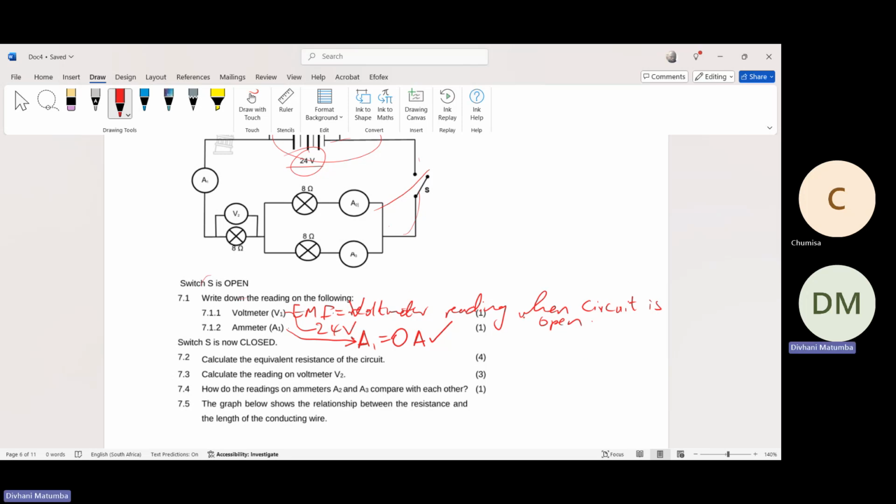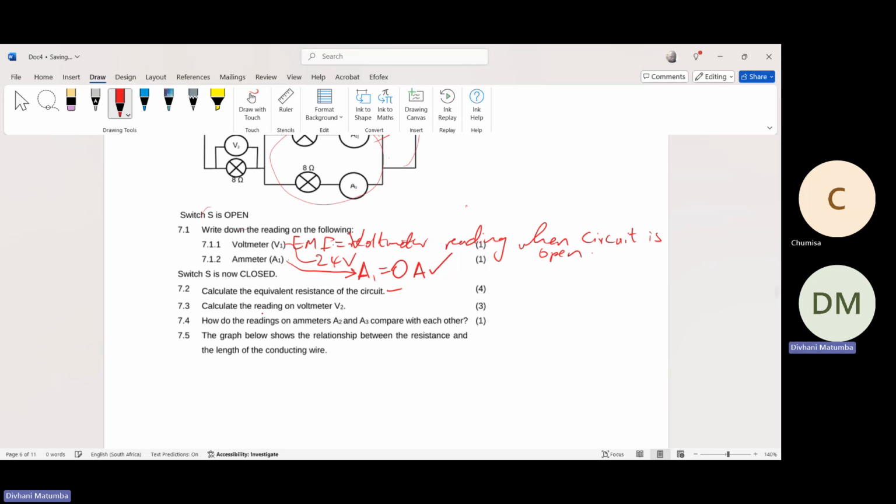What will be the equivalent resistance of the circuit? The equivalent resistance is the resistance across the parallel connection. So what will be the resistance across the parallel connection in this case?